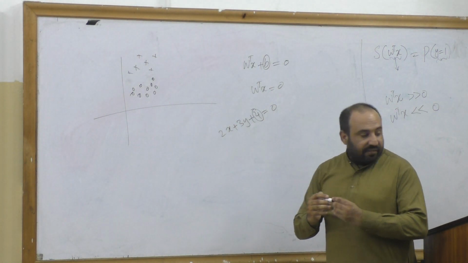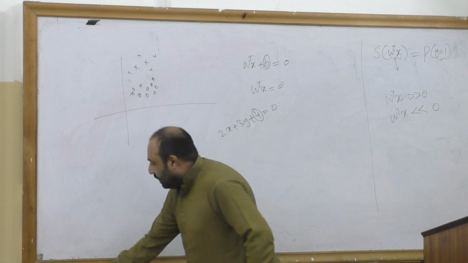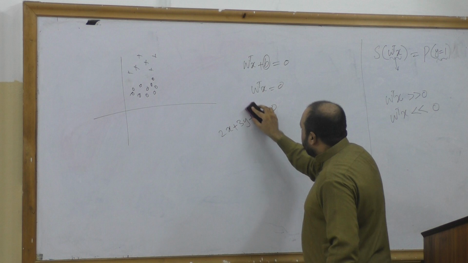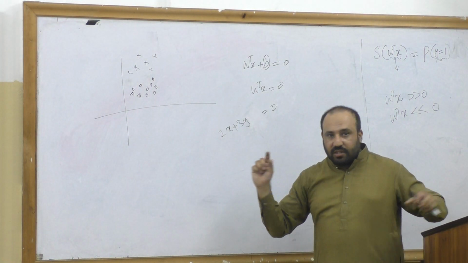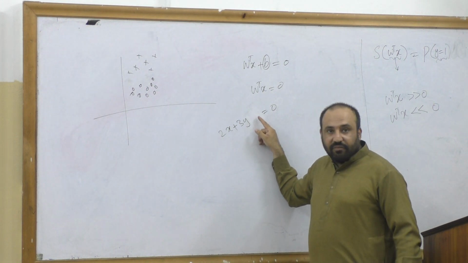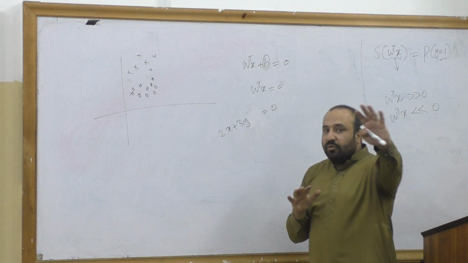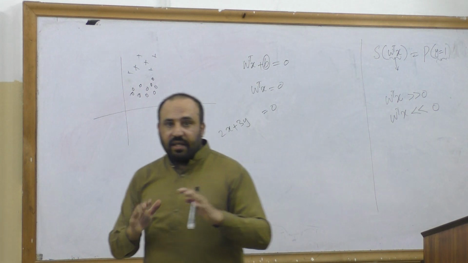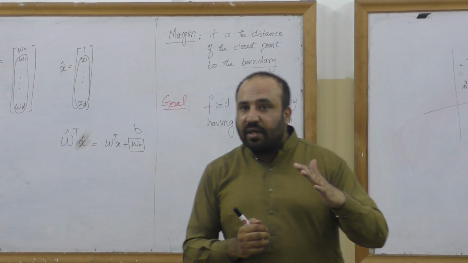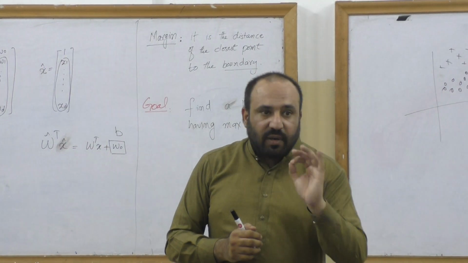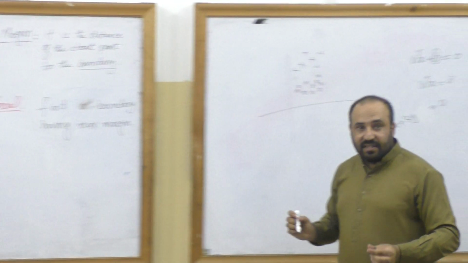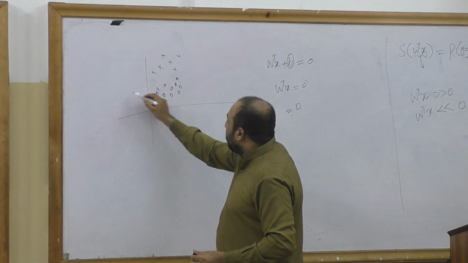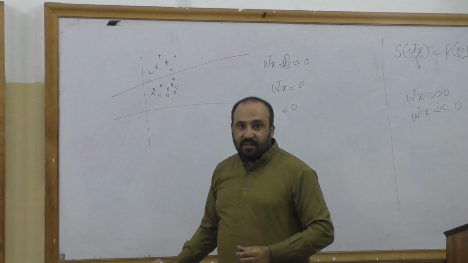If this number is not there, and in your model you do not allow a constant addition, then you are forcing your boundary to pass through origin. So come up with a separating boundary, but that boundary has to pass through origin. Make sense? If this constraint is there, in this particular case, this is the best separator, I guess.